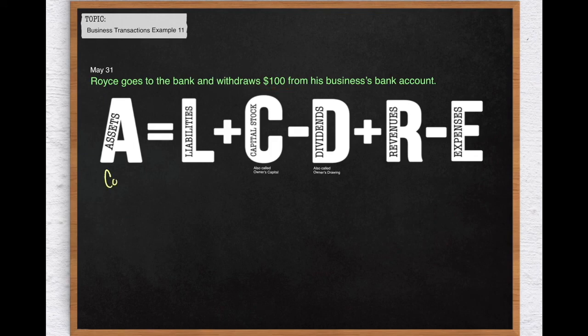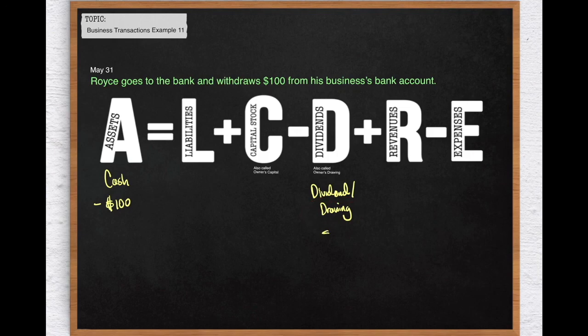So what did he withdraw? Well, cash. So the business's cash goes down by $100. We're not keeping track of his money. We're keeping track of the business's money. So I apologize if I kept saying he pays or he did this. But in reality, he represents a business. It's a sole proprietorship. So all those transactions are dealing with the business.